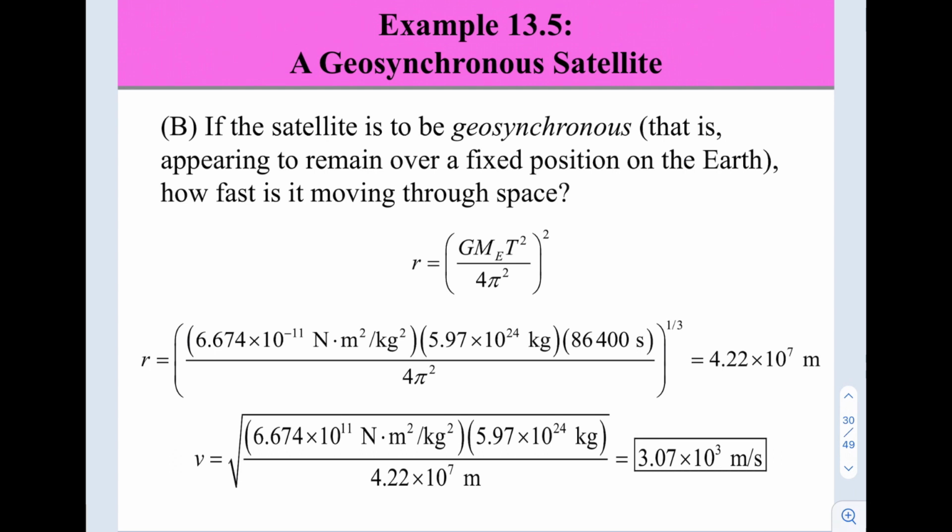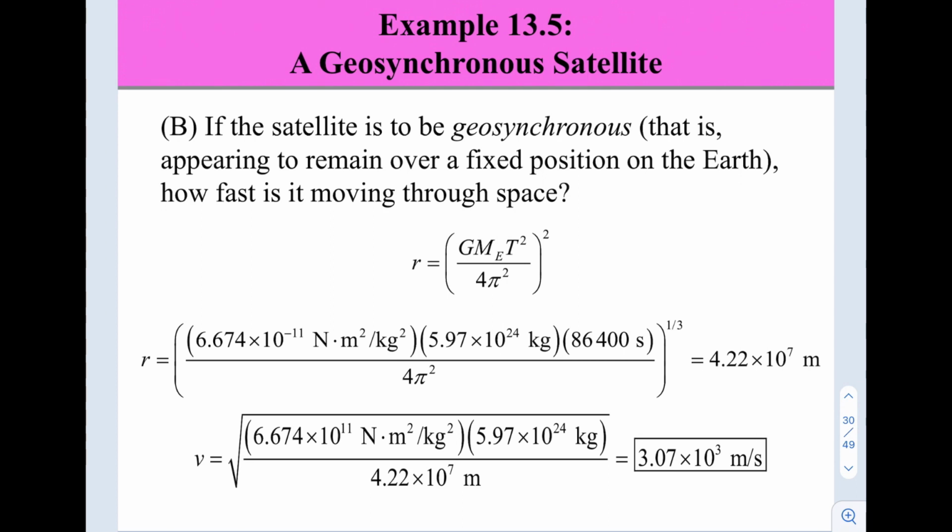First thing first, rearrange the equation of Kepler's third law to figure out r. So r is equivalent to the cube root of G M of the Earth T squared over 4 pi squared. Substitute the values.